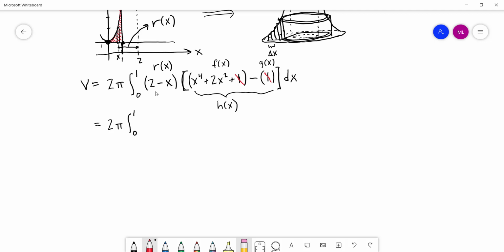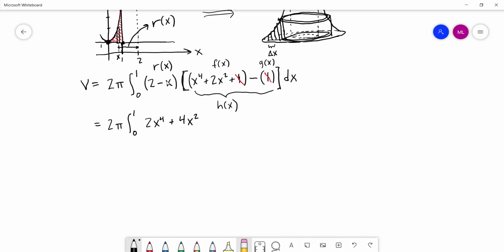Then I just need to FOIL out the 2 minus x with whatever's left in here, which is just the x to the 4th plus 2x squared. So I'm going to FOIL these two terms together, and we will get 2x to the 4th. That's the 2 times the x to the 4th. Then I'll do the 2 times the 2x squared, and that'll give me plus 4x squared.